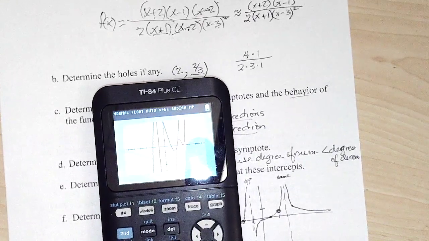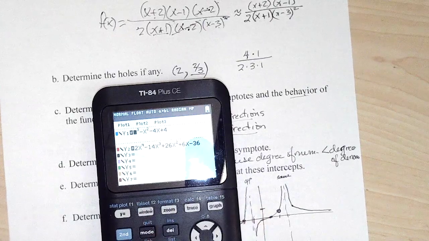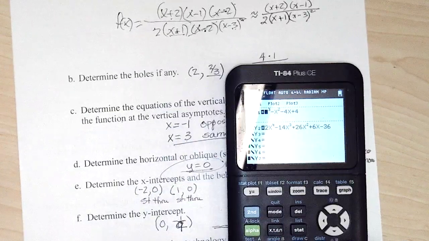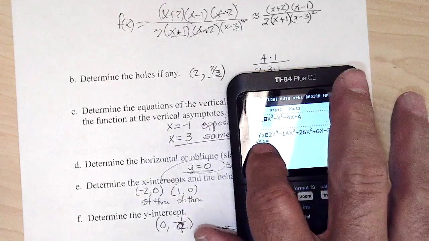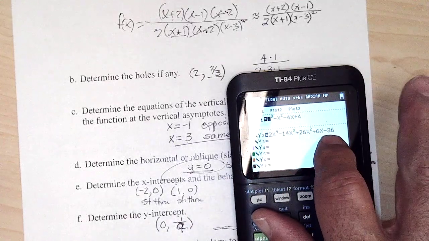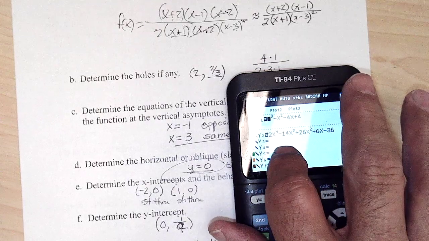So now I will have to type the equation in. Well, since I have these two in there, it's pretty easy to do it on a calculator. And you can also, if you wrote this as f of x equals this, g of x equals this, you can do f of x divided by g of x.